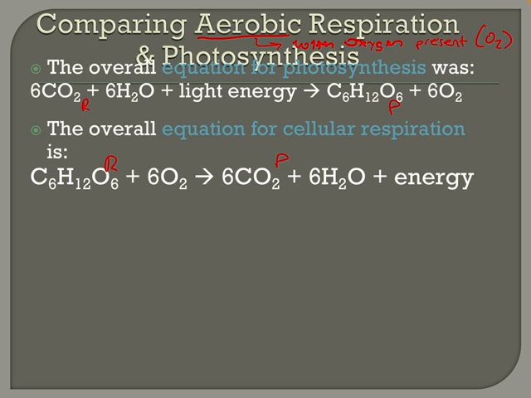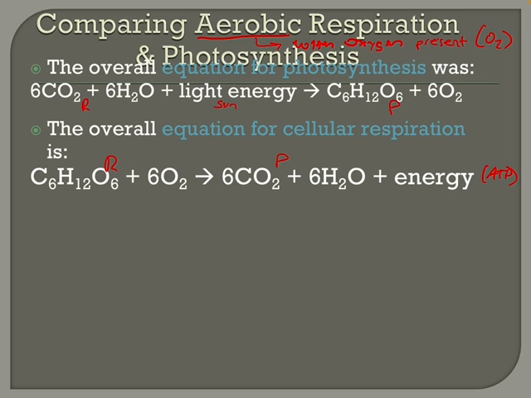Now, the only difference is that in respiration, you are getting energy, not light energy, right? Remember, in photosynthesis, your light energy is your sun, the light from the sun. But here, you're just getting plain old energy. This is going to just simply be ATP. Okay, so that's really the only difference you need to remember between these two things.